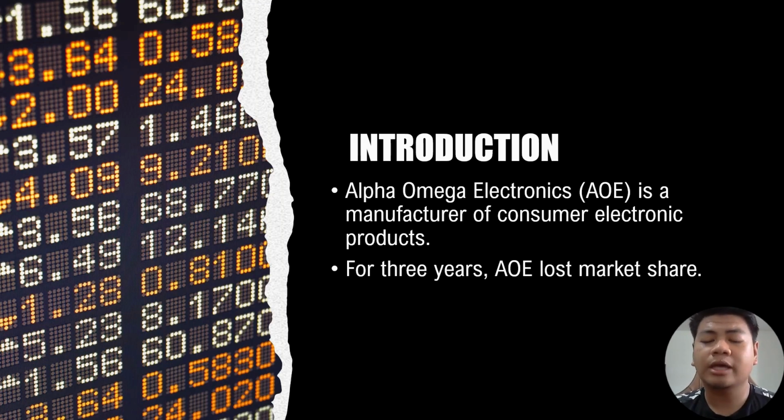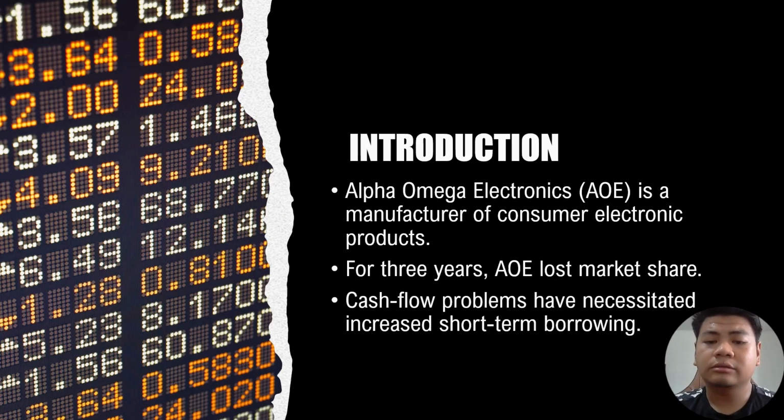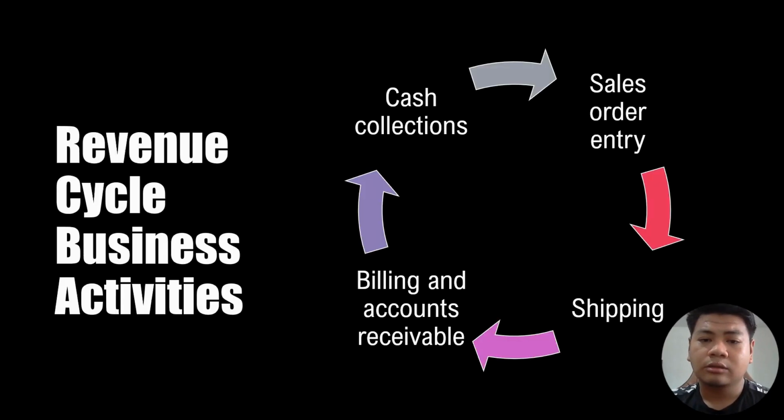AOE lost market share and had cash flow problems, which necessarily increased short-term borrowing. And next, the revenue cycle business in this chapter can relate to AutoCount.